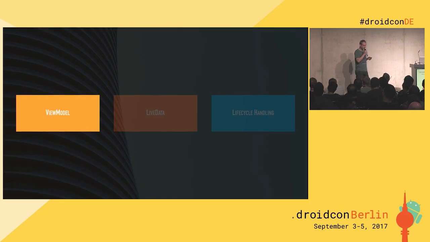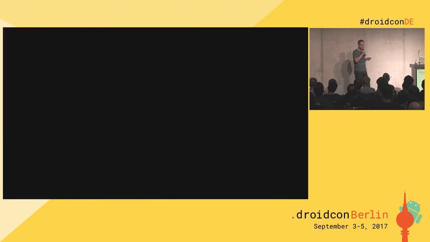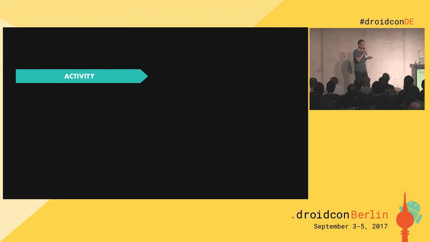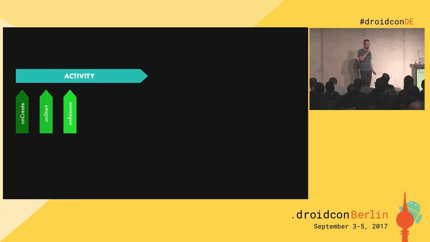To understand the target of the view model, I would just have a quick look at an activity lifecycle. What all of our applications do: we create an activity, and eventually you get a configuration change, like the user rotating the device.